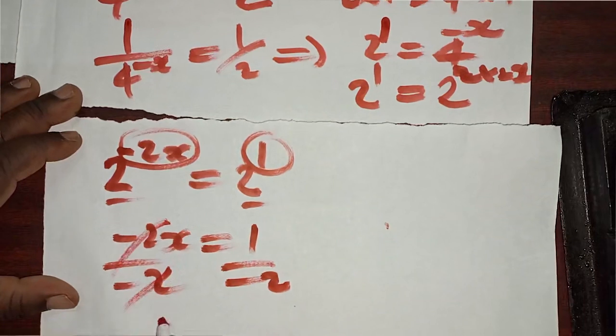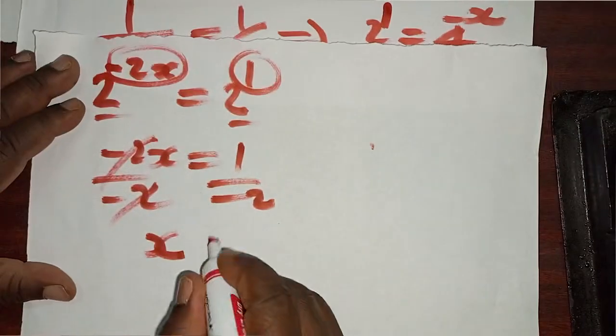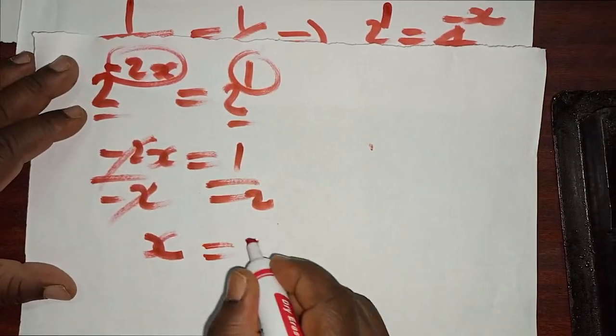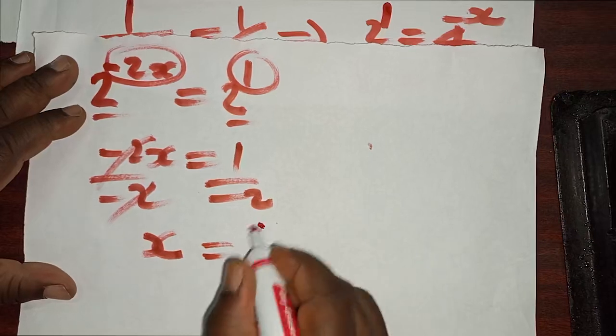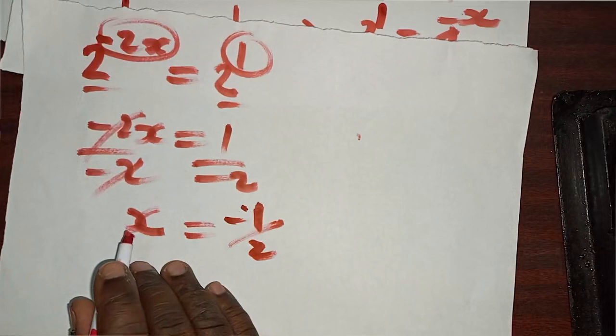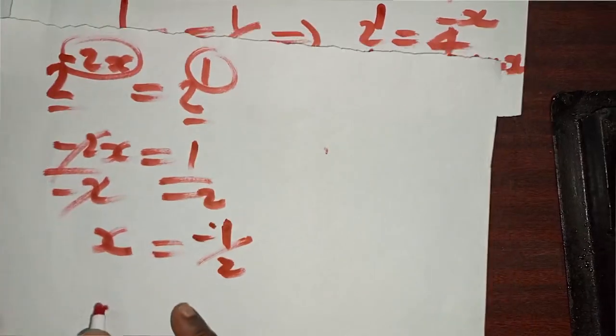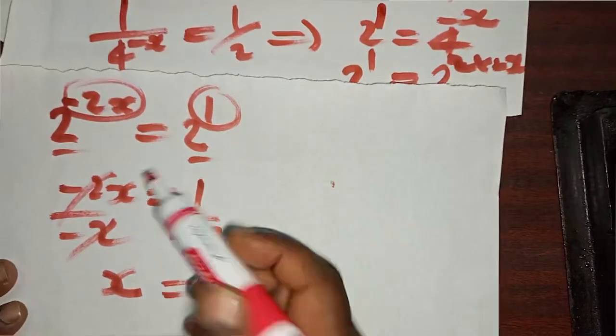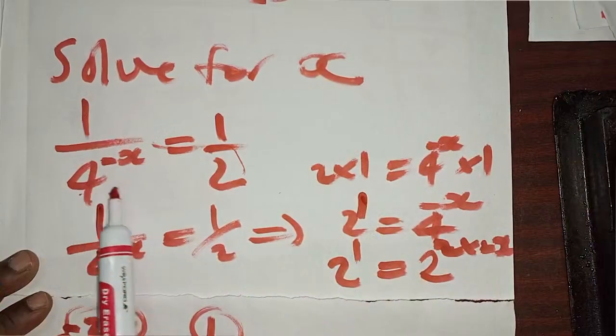So if you can see, we are solving this equation here, which starts from here, and we have 1 over 4 to the power negative x equals 1 over 2. Then here we have that copied, and what has happened here is that we have cross multiplied 2 times 1, and 4 to the power negative x has multiplied this 1.